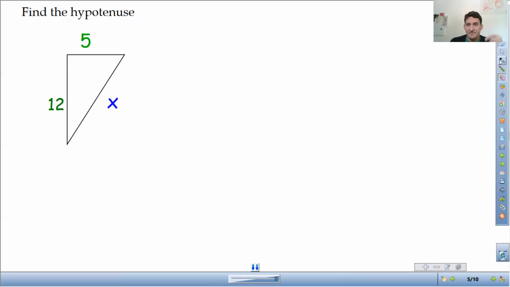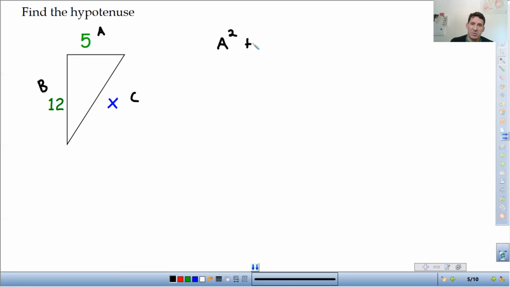So another example. Again, label the sides A, B, and C. C is the longest side, and A and B are the other two sides. Again, we're going to use the Pythagorean theorem: A squared plus B squared is equal to C squared.